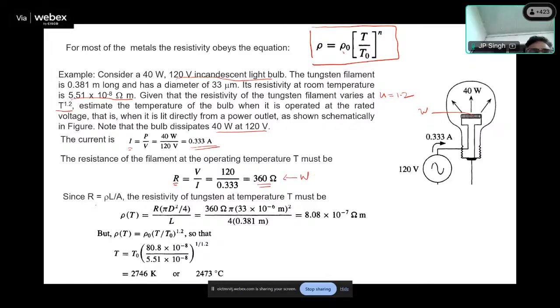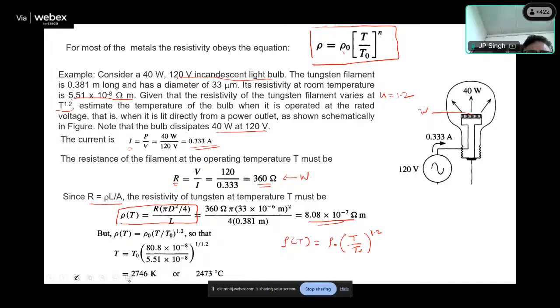Now this is a simple relation. I can figure out the resistivity from R equals rho L by A, which gives the resistivity at the operating temperature. Now rho T is simply rho naught times T by T naught to the power 1.2.